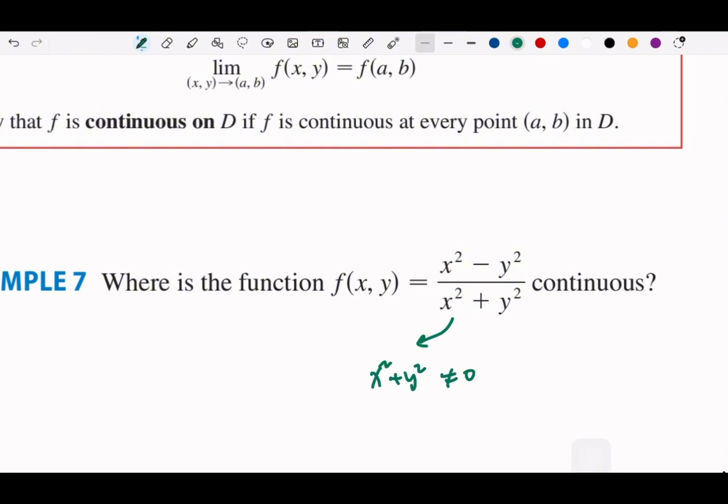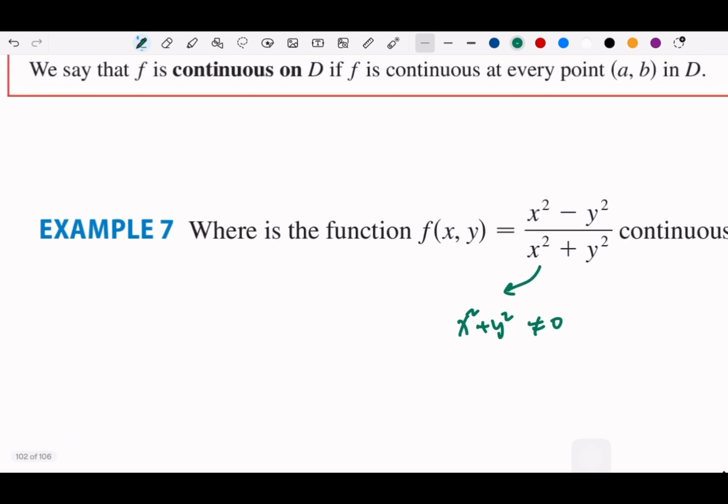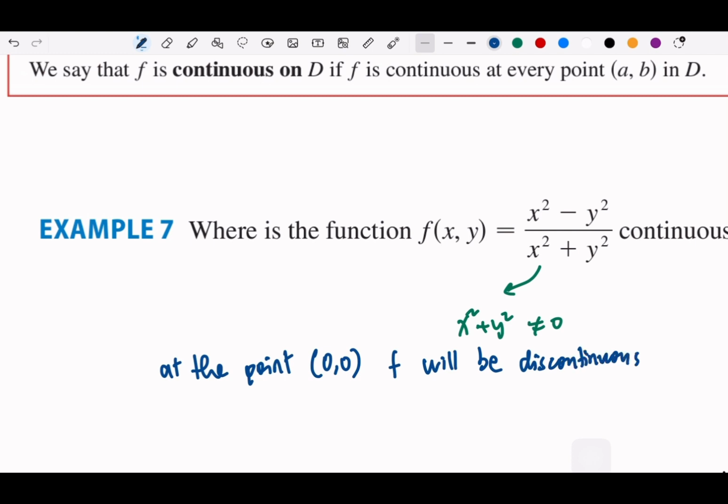So if we have the point 0, 0, at the point 0, 0, the f will be discontinuous, right? Because it's not defined at that point.